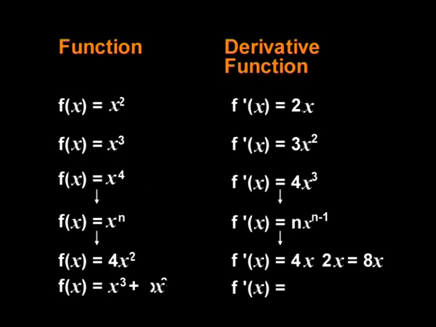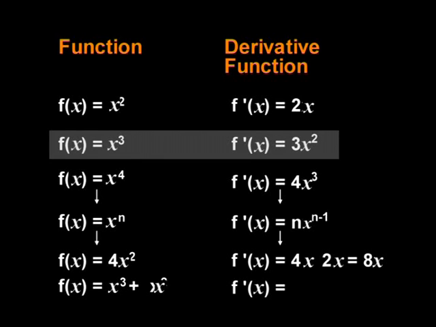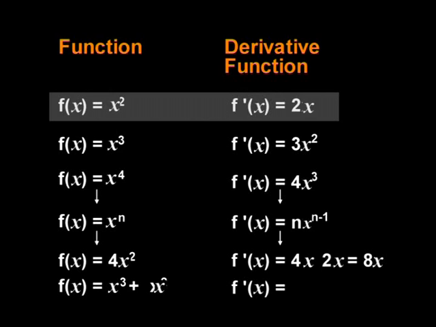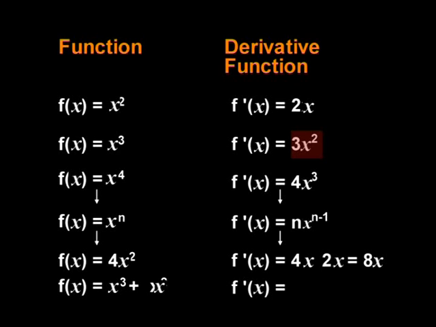If I understand that correctly, then the derivative of the function x cubed plus the function x squared is equal to the derivative of x cubed plus the derivative of x squared, which would be 3x squared plus 2x. Well done. Now that is really great work. And now we can finish off that box problem.